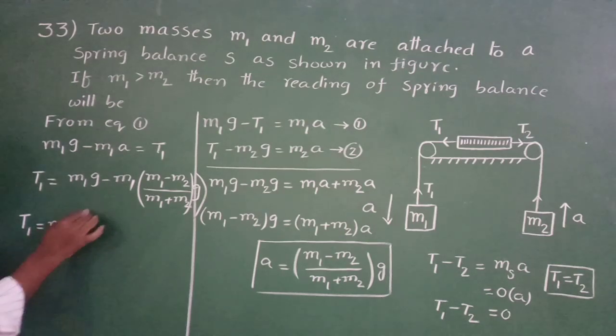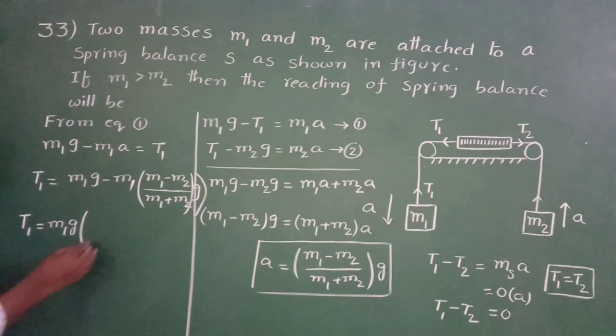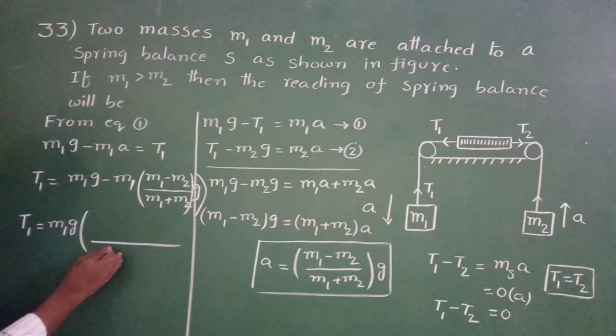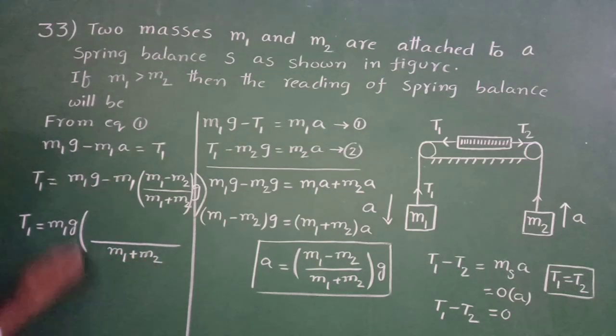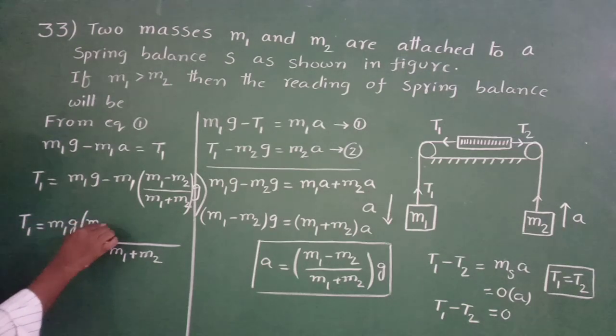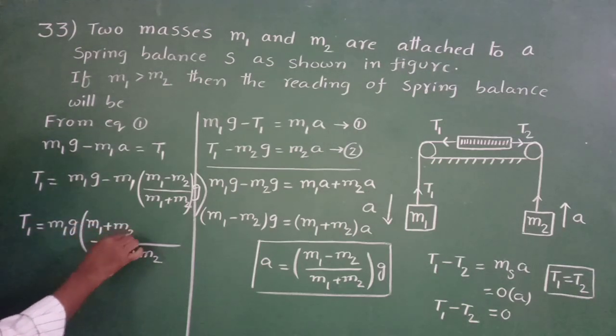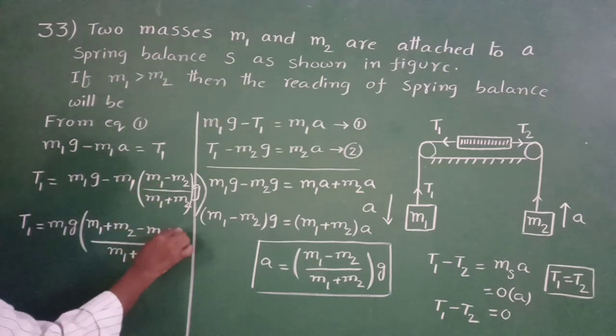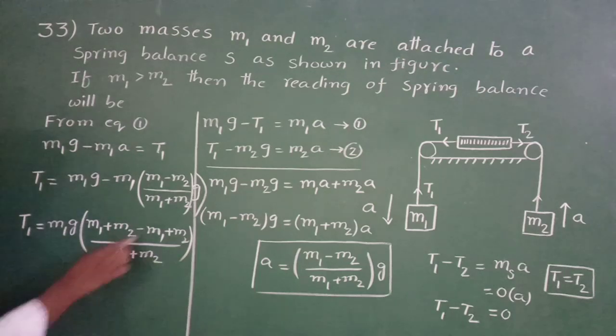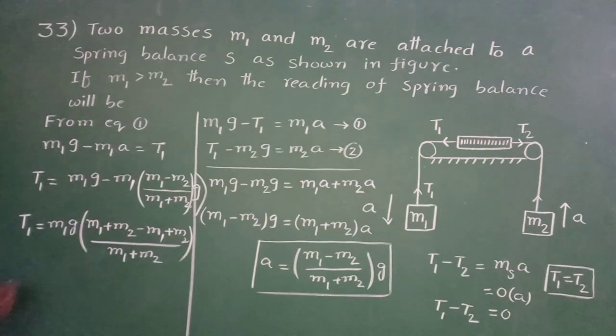take the LCM, which is (m1 plus m2). Here 1 into (m1 plus m2), minus (m1 minus m2), that is (m1 plus m2) minus m1 plus m2. The m1 and minus m1 get cancelled.